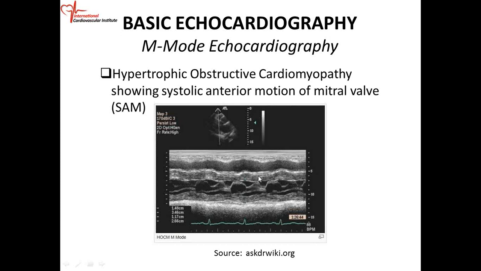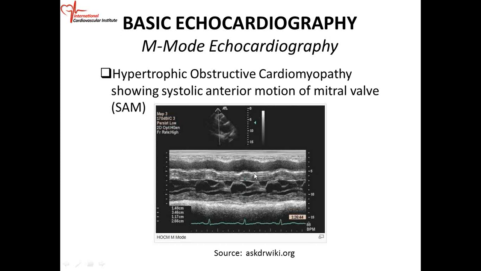This is what we call SAM, and you're going to get it. This is SAM. It appears in all exams. SAM, systolic anterior motion of the mitral valve. The mitral valve hits against the septum.